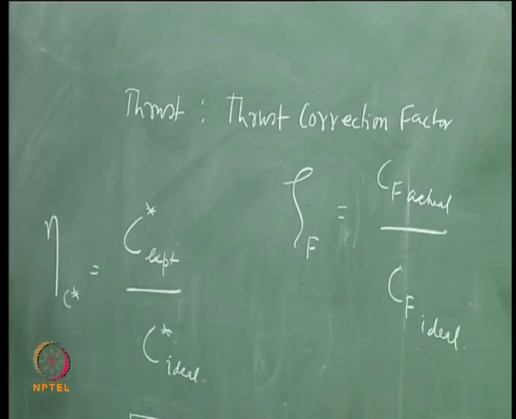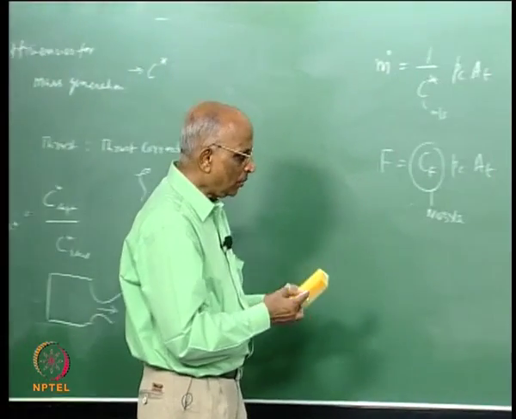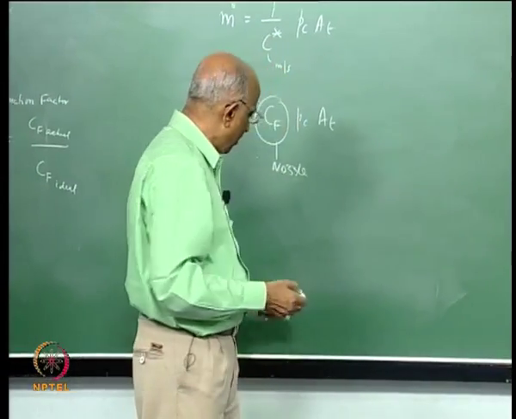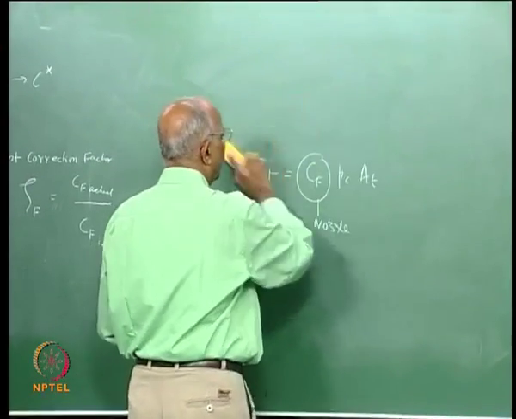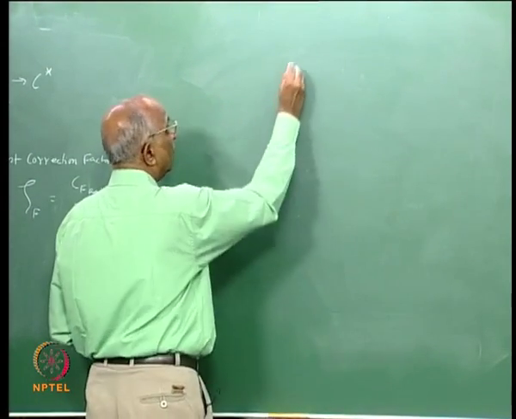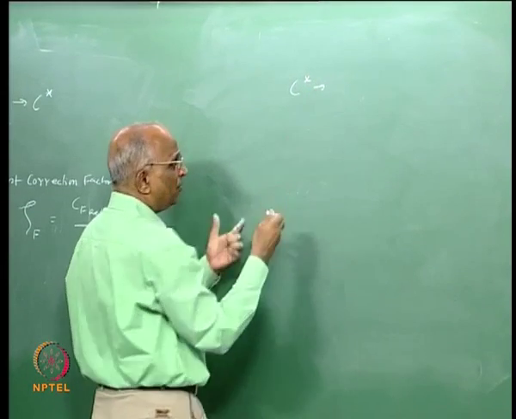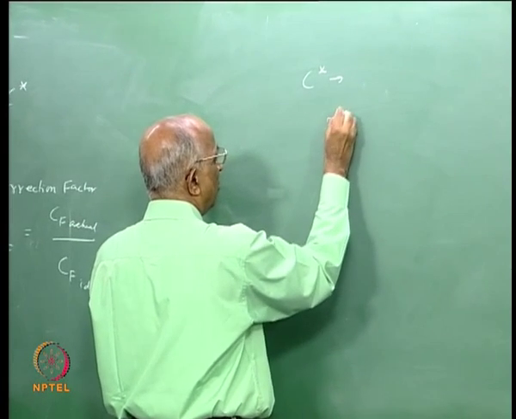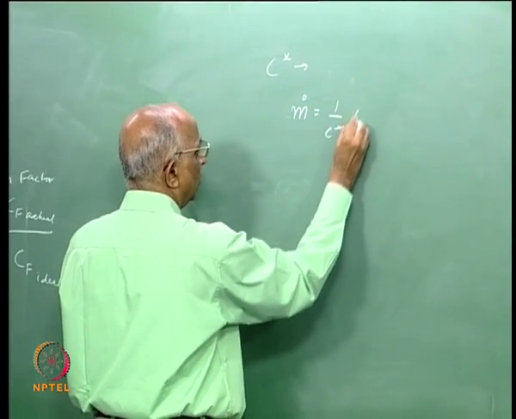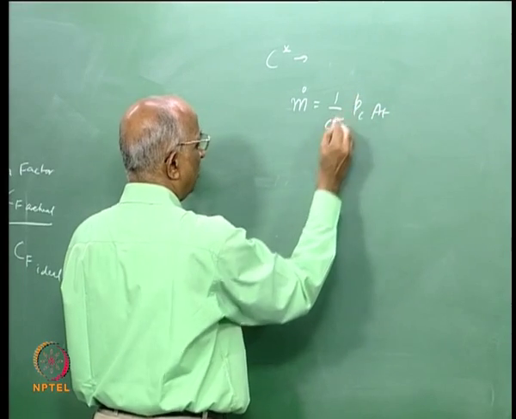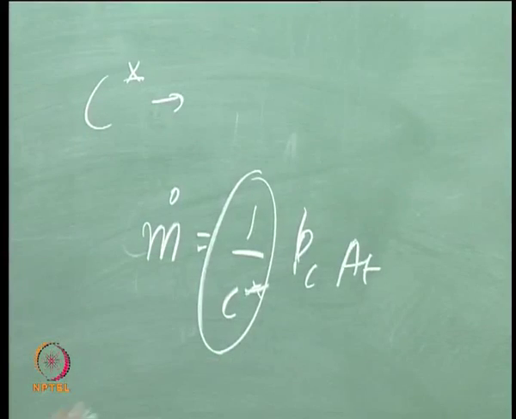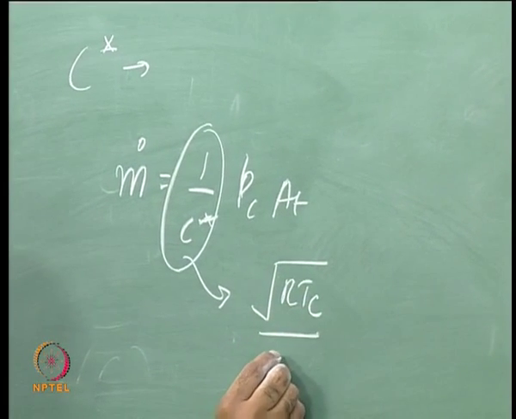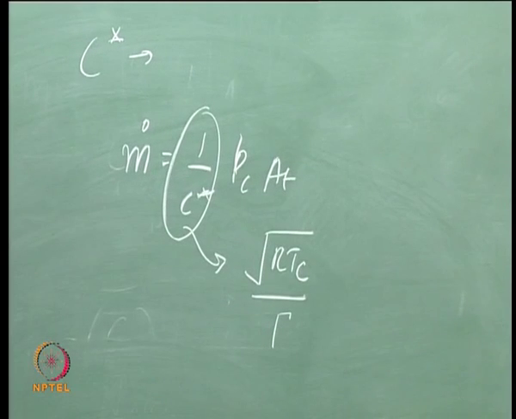Therefore, what we have done in today's class is we looked at the high temperature and high pressure gases generated by the propellant. We expressed it in terms of C star. That means C star tells you what is the rate at which hot gases get generated from the propellant, and therefore we wrote it as m dot is equal to 1 over C star into Pc AT, where Pc is the chamber pressure. We called it a transfer function, and the expression for this was extremely simple, equal to root of R Tc by the particular value of gamma.